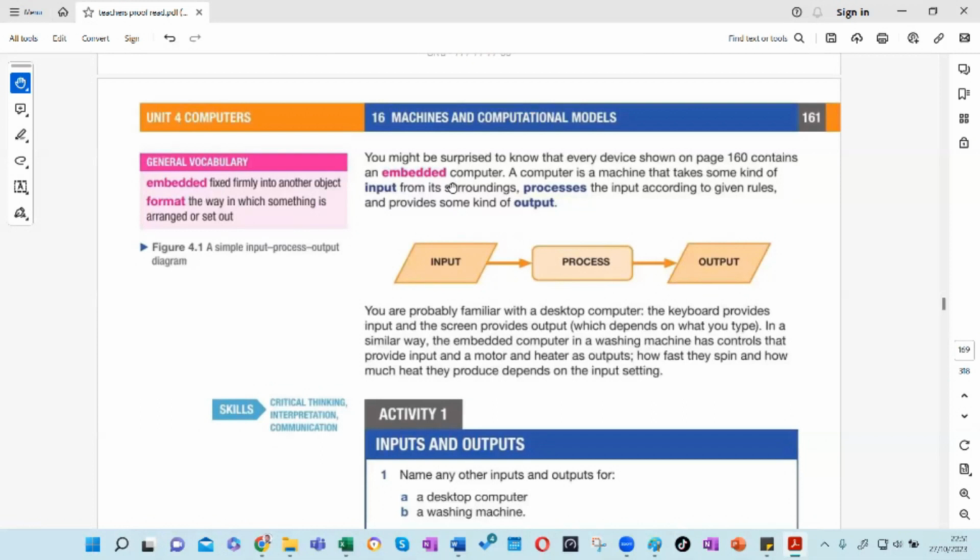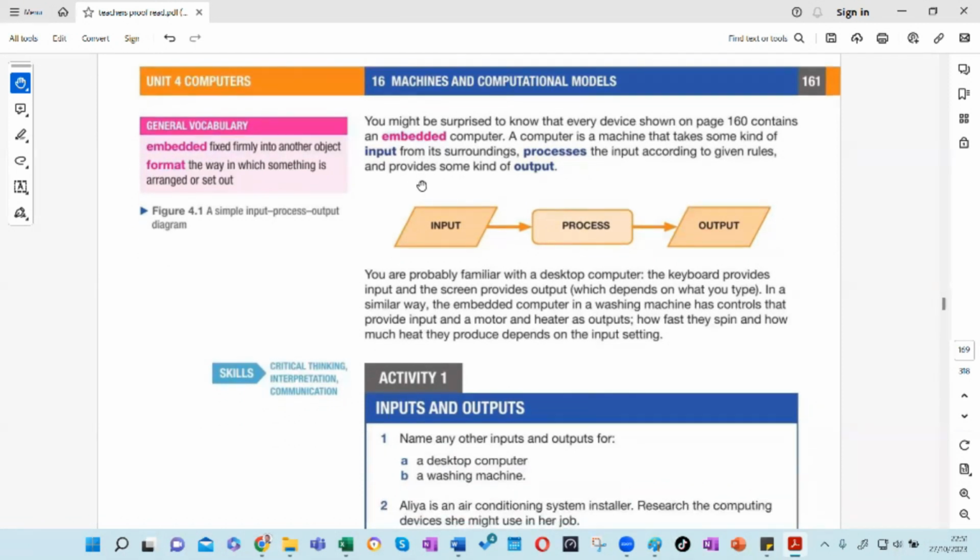Right. But even though computers and embedded devices have this input, process, output model, embedded devices are different from computers, because a computer is a machine that can be used for a variety of tasks, whereas an embedded device like a washing machine, microwave oven, or refrigerator can do only a dedicated set of limited tasks.